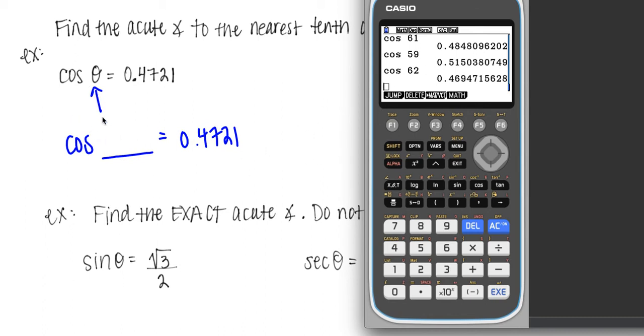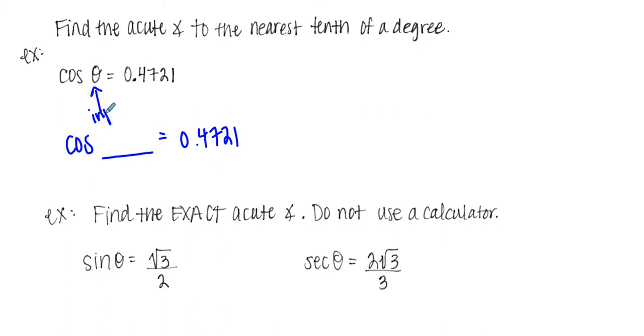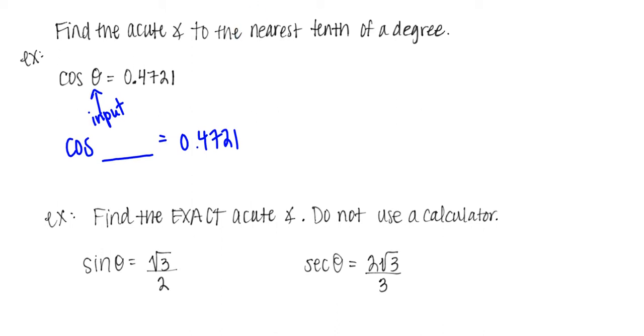Well, this is an input here, right? You put in an angle, and we get out this decimal value. So what happens if we want to put the output in? When you exchange the outputs and the inputs, you have an inverse.